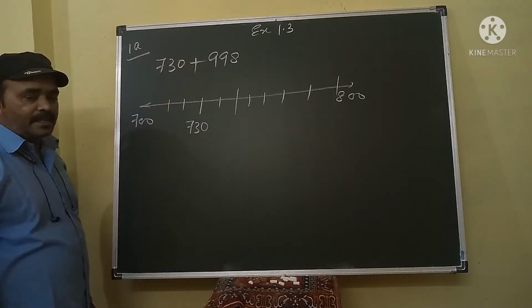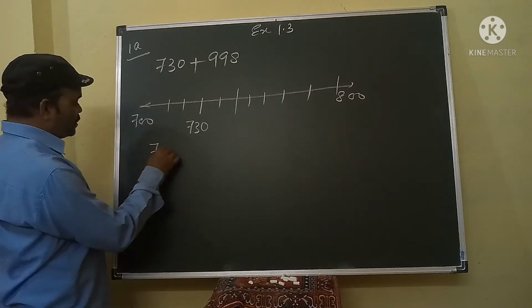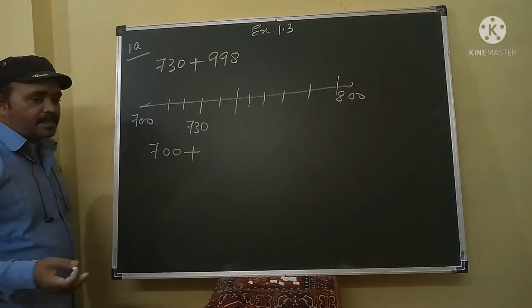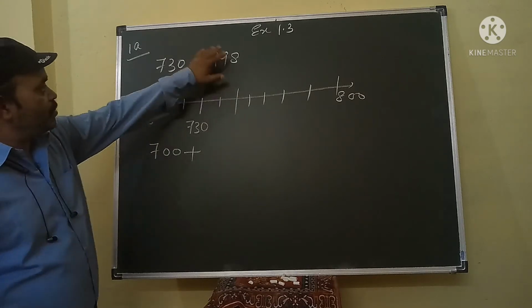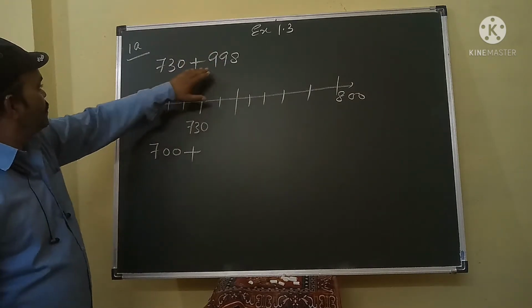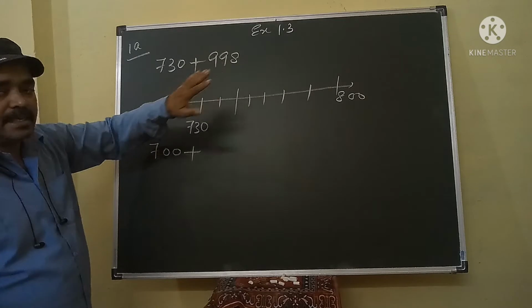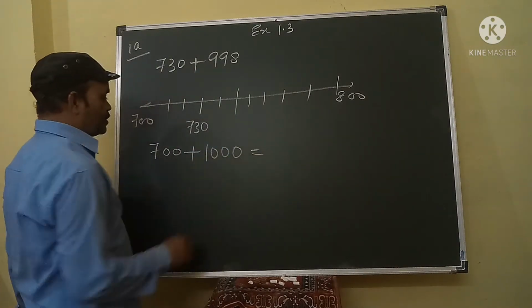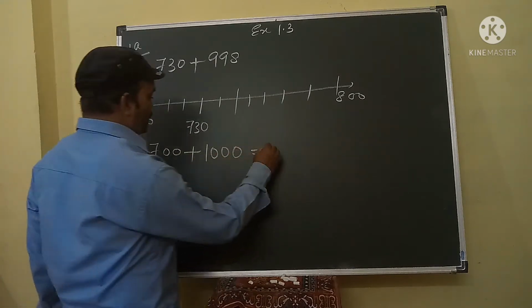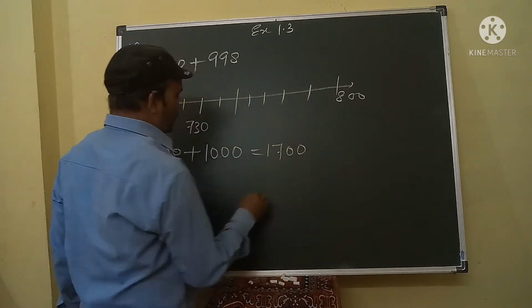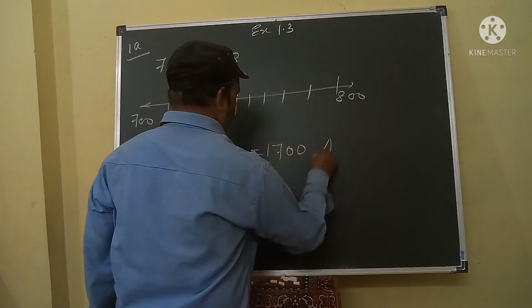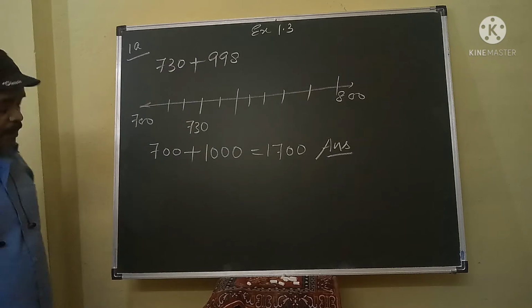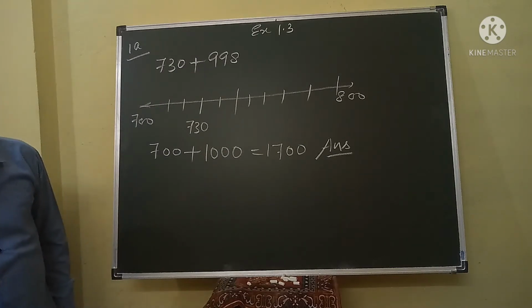Rounding of 730 is 700 plus rounding of 998, which will be 1000. After adding, you will get 1700. This is your required answer.